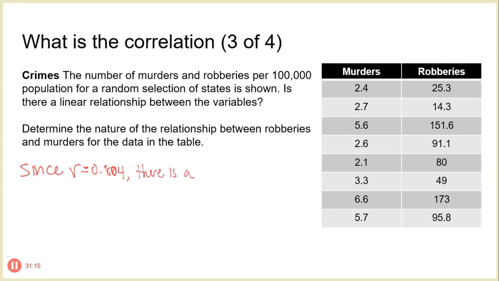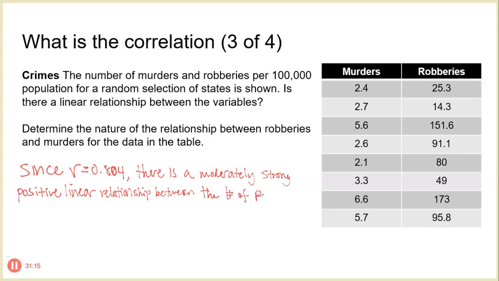There is, I'm just going to say, moderately strong, positive, linear relationship between the number of robberies and the number of murders, and this is only for the selection of states.